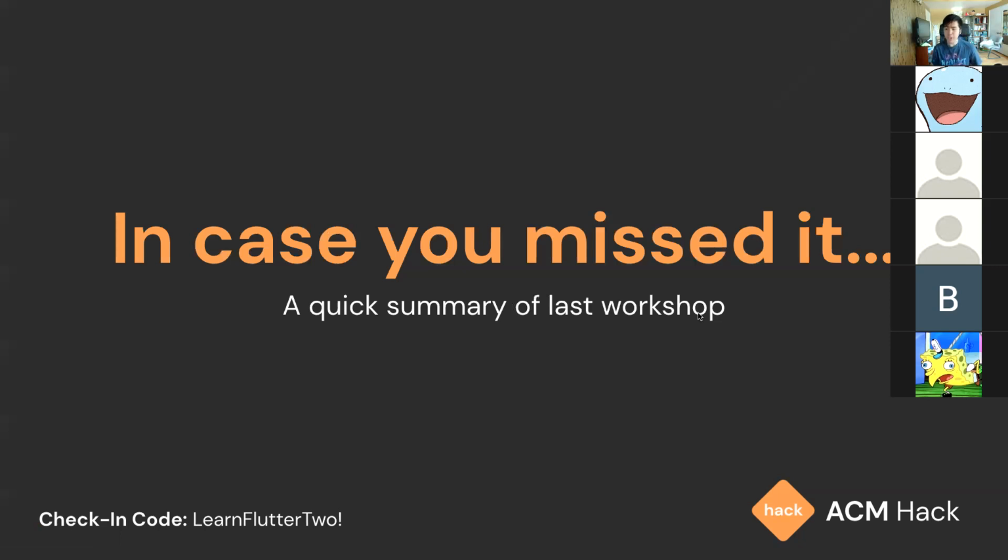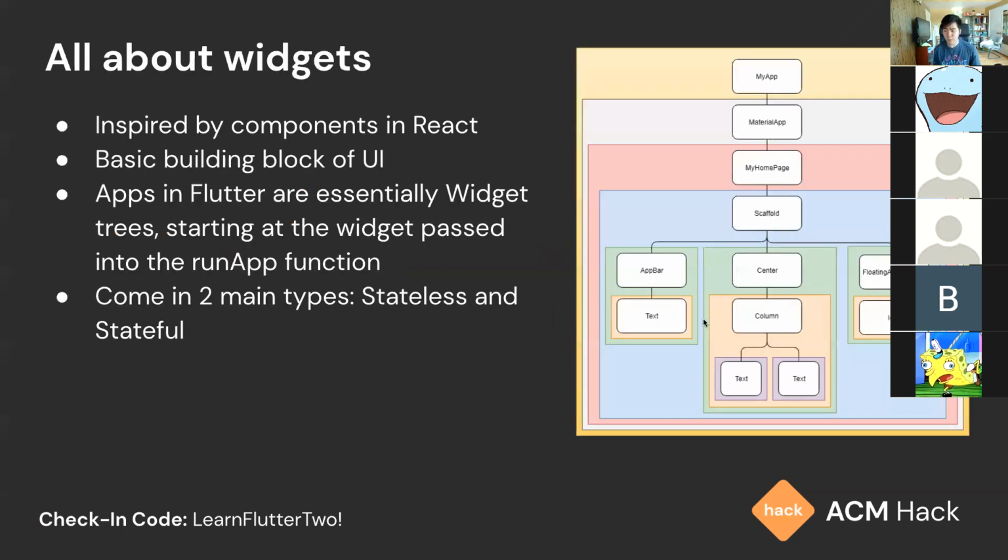All right, in case you missed last workshop, I'm just going to give essentially a quick summary of what we did. We learned about widgets, first of all. These are essentially the building blocks of UI in Flutter, and they're inspired a lot by components in React, if you're familiar with that. Apps in Flutter are widget trees that start at the top and branch inward.